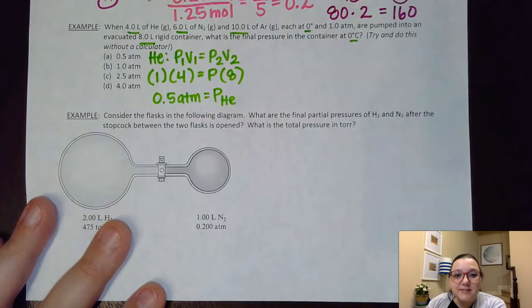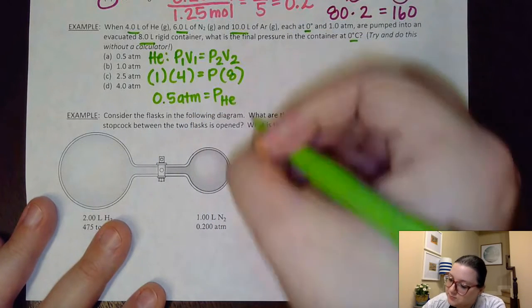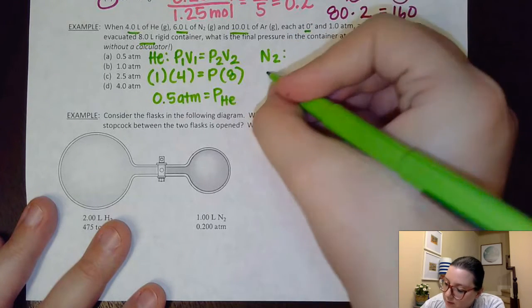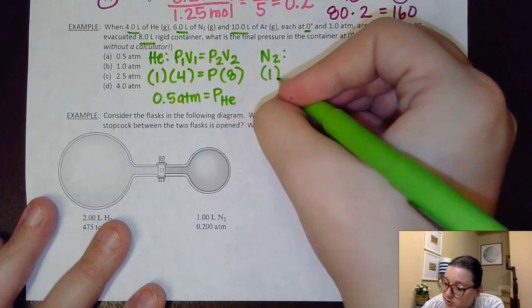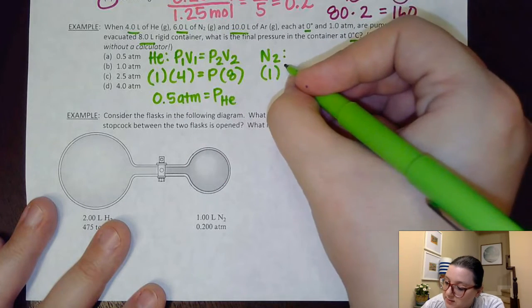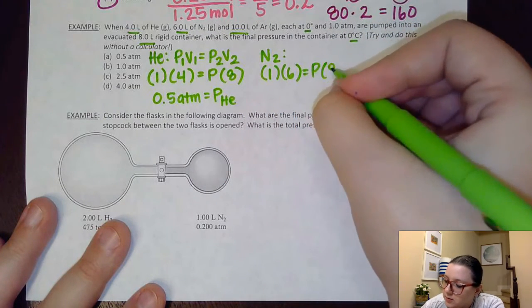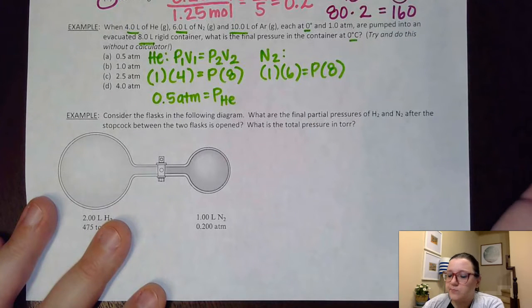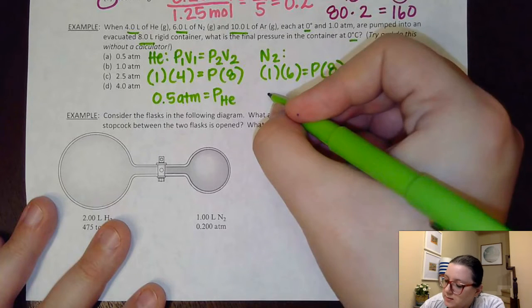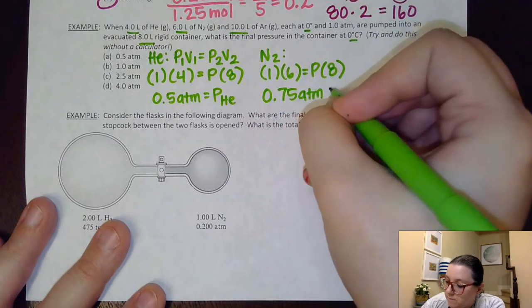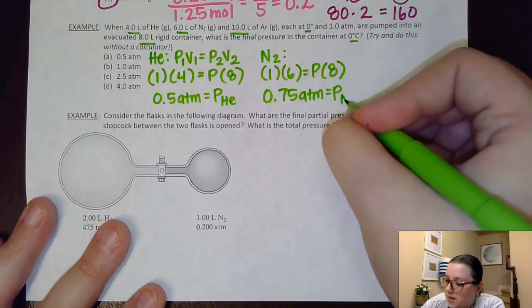Now I'm going to do that same process for the other gases. So for N2, again, I would have 1 atmosphere of pressure. This one was starting off at 6 liters. I'm going to figure out the new pressure at 8 liters. So 6 divided by 8 would be the same thing as 3/4, which would be 0.75 atmospheres for the pressure of the N2.